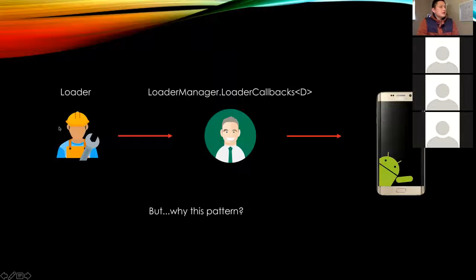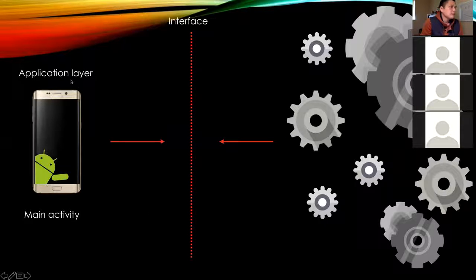So in summary, loaders communicate with the loader manager, and the loader manager communicates with your phone or your activity. And you see a lot of this pattern sprinkled around in the Android framework. Think of your activity as your application layer, right?